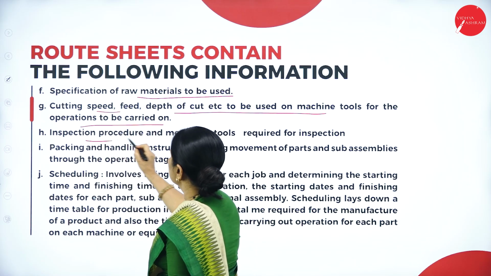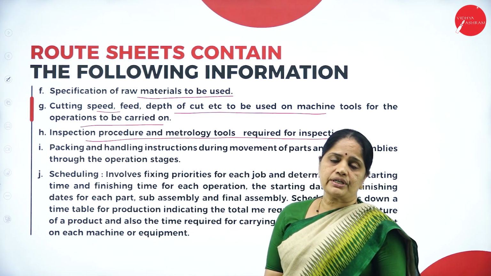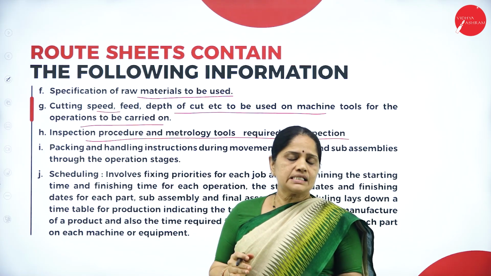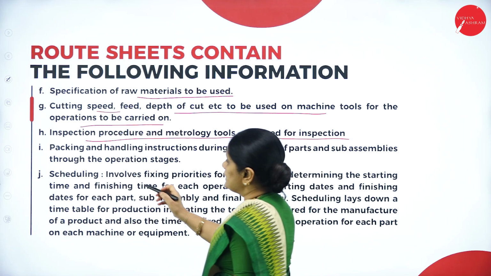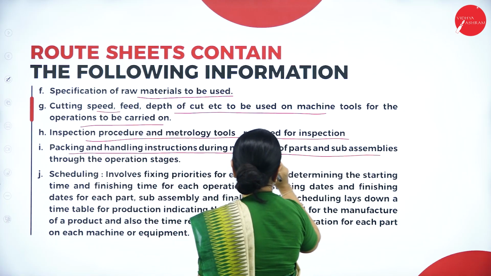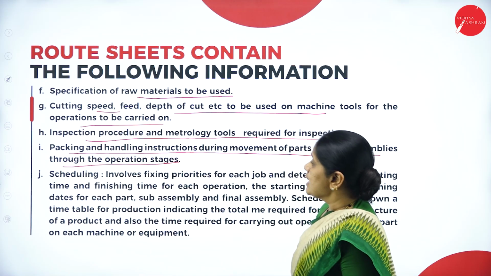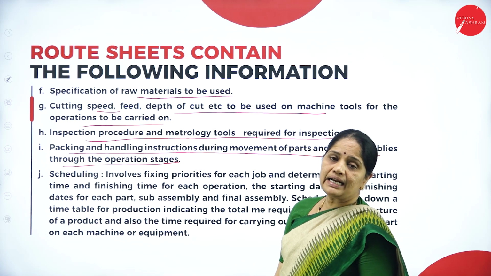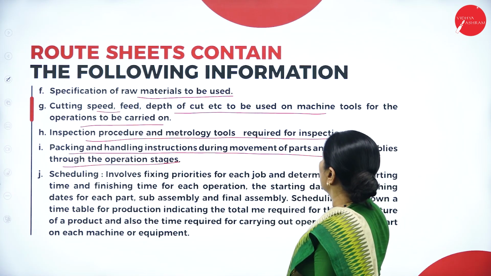Then inspection procedure and metrology tools required for inspection. So all the tools which are necessary for inspection has to be provided here. And then packing and handling instructions during movement of parts and sub-assemblies through the operation stages. So what is the packing and handling instructions which are to be used during the movement of parts?